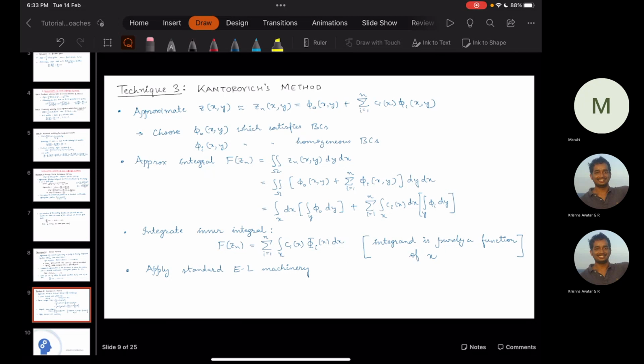I'm sure you may have seen such cases wherein we have one dependent variable in terms of two independent variables. In this case, we again approximate our extremal, which is z here, in terms of a series expansion: phi naught of x, y plus the summation from i equal to 1 to n of ci as a function of x times phi i of x, y.